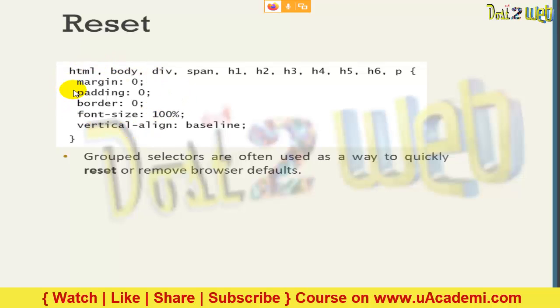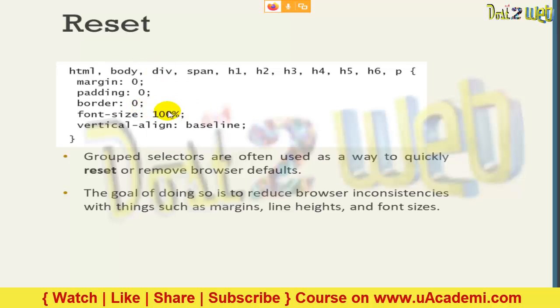The moment you define the code, it will remove the browser default features, it's called reset. Automatically it will get changed and it will define this CSS style on your element.